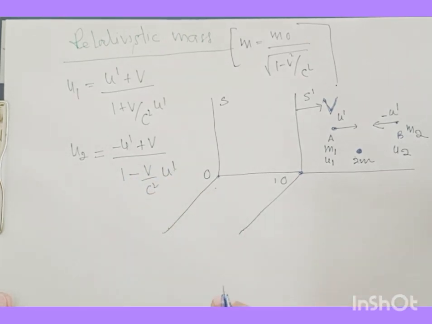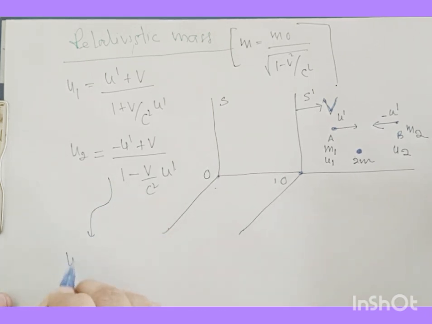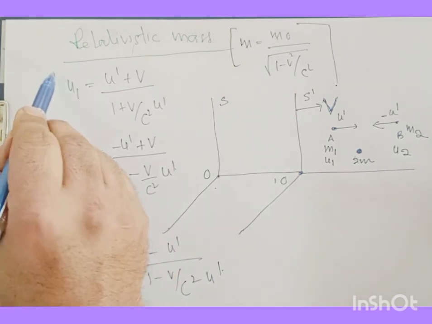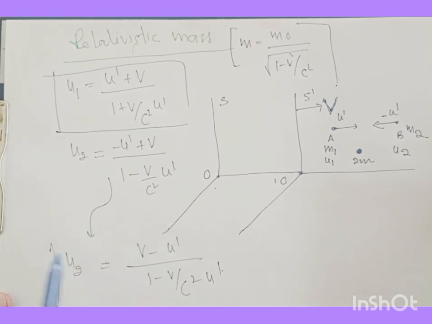This is going to be the situation. So u2 will come out to be v minus u dash by 1 minus v by c square u dash. So we have u1 given by this equation, and we have u2 given by this equation.